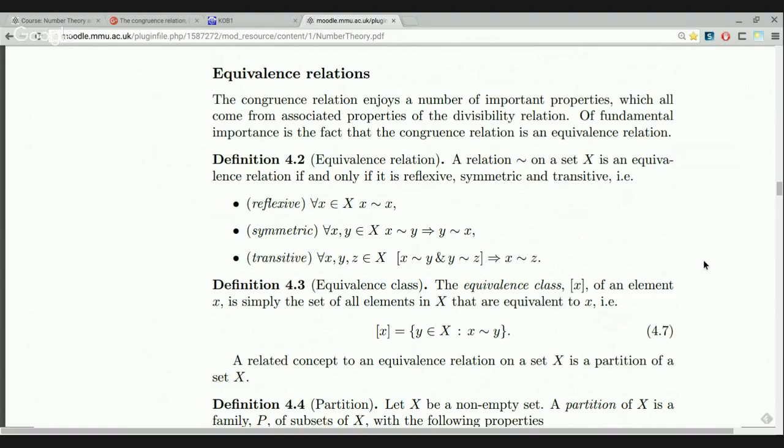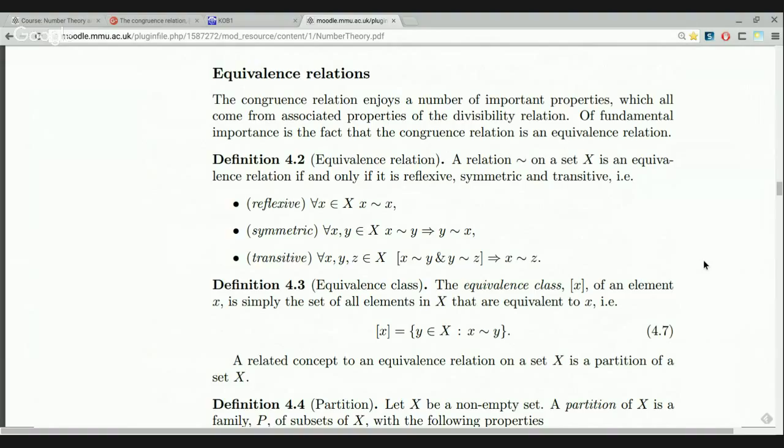The equivalence relation produces a partition, which is a subdivision of the overall set into subsets. It's a system of non-empty subsets in such a way that every element of X is in one of these subsets, so nothing is left unaccounted for. And secondly, these different sets in the partition are completely separate. There's no overlap.